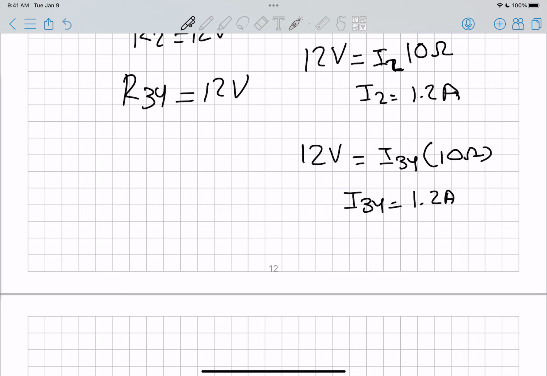If they're in series, what does that say about the current? The current is the same. So R3 has I equal to 1.2 amps, and R4 also has I equal to 1.2 amps.